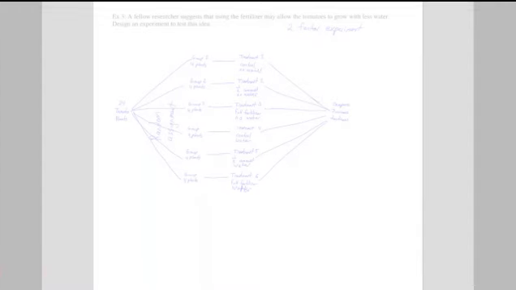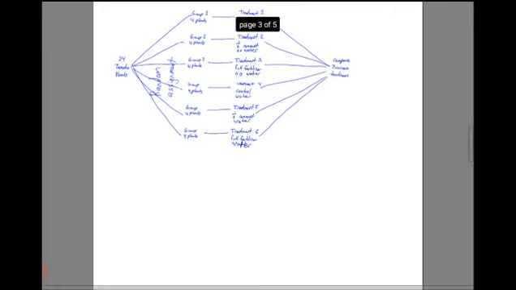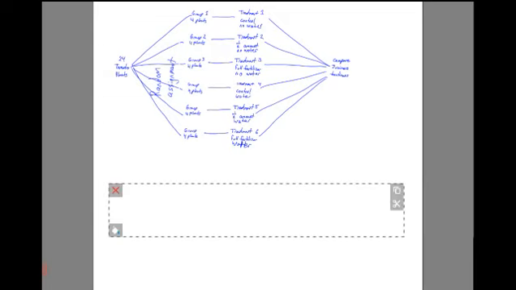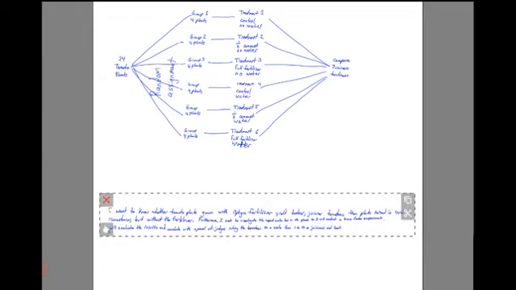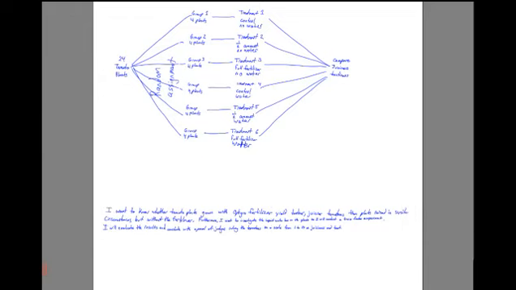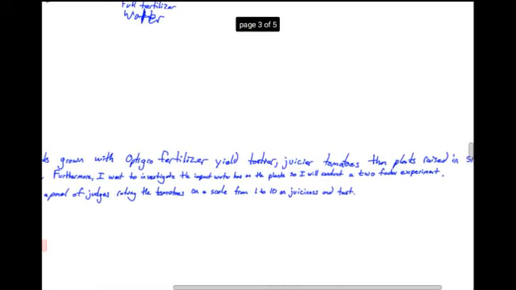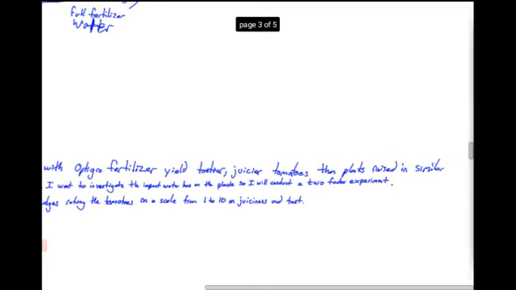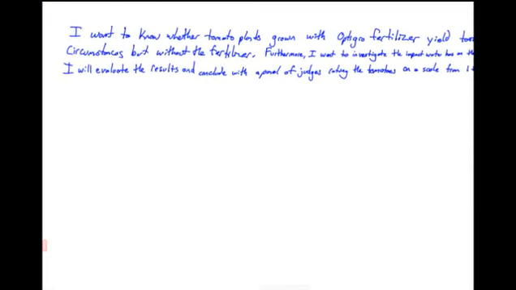So let's write up the process. We're going to begin again by stating what we're trying to do. So, I want to know whether tomato plants grown with Optigrow fertilizer yield tastier, juicier tomatoes than plants raised in similar circumstances, but without the fertilizer.